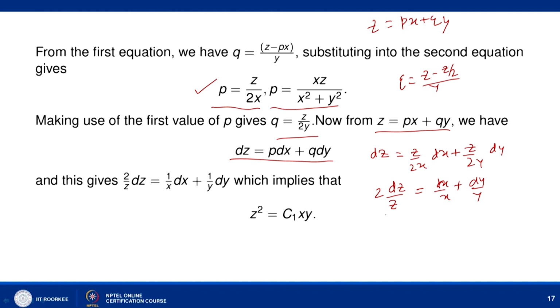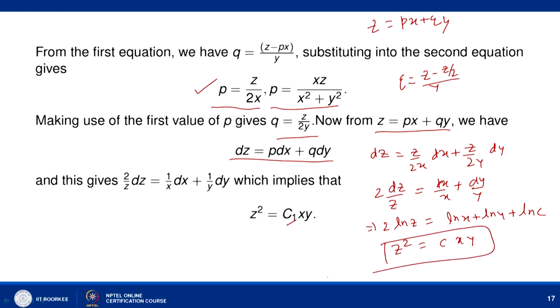Here if you simplify, you can write 2 ln z equal to ln x plus ln y plus ln c. So, we can write z square equal to c times xy. I am using c1 here. So, one solution is z square equal to c1 xy.